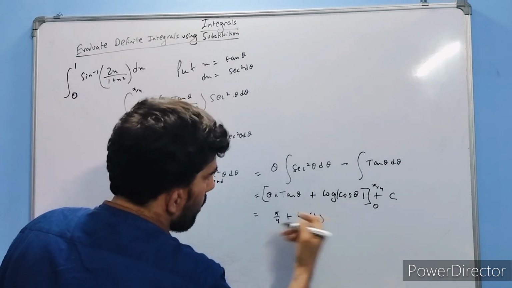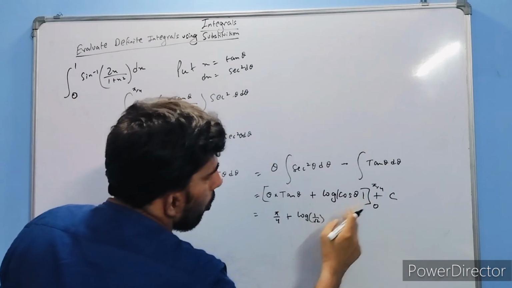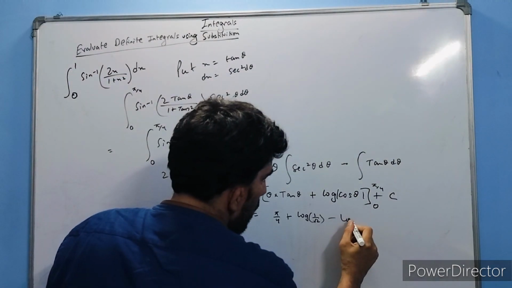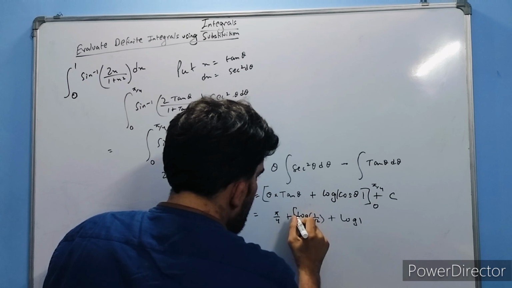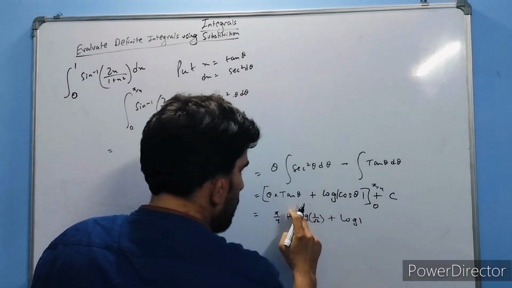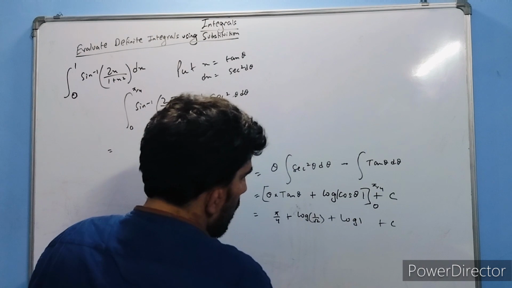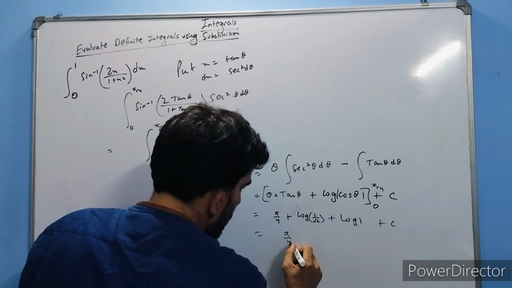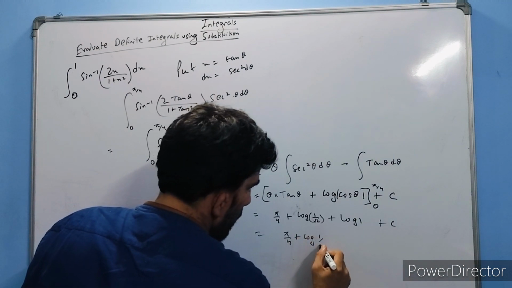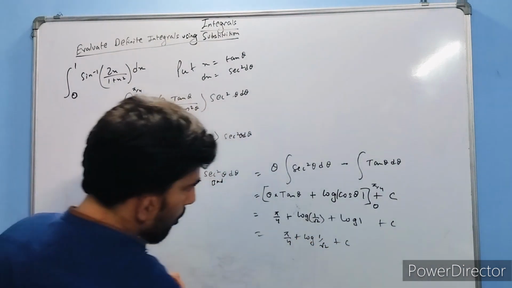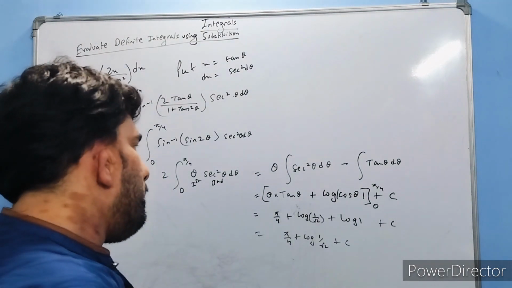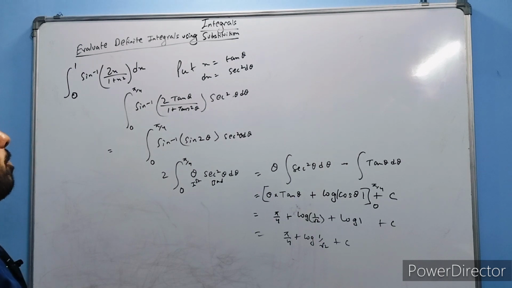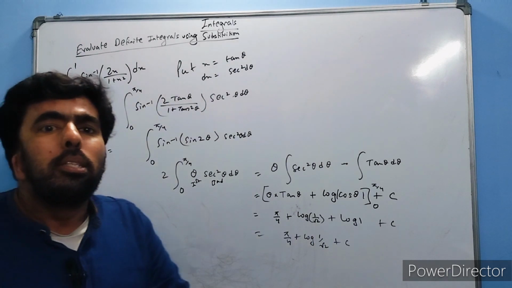Now minus, if I put 0, it will be cos 0, and cos 0 will be 1, so it will be log 1. So now I got this value: pi by 4 plus log 1 upon root 2, because log a plus log b will be log ab. Okay, so that is how we are able to evaluate a definite integral using the substitution method.